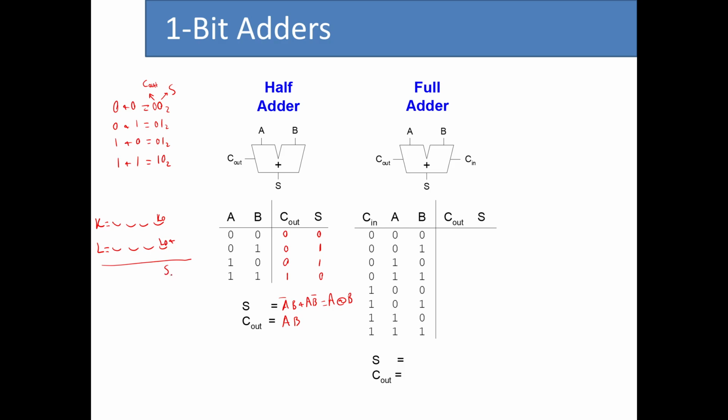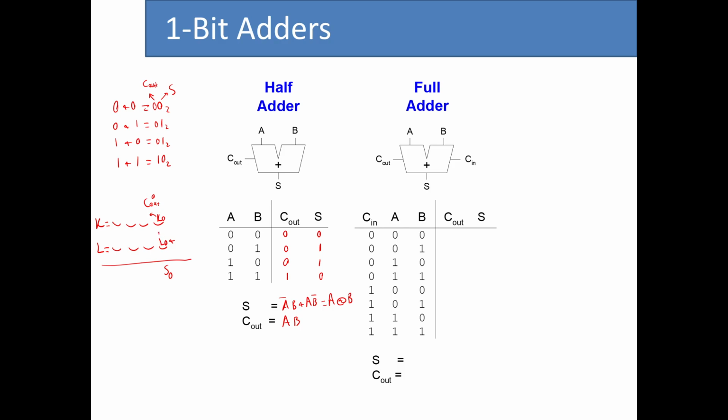We end up with a summation result, and we have a carry out. Let's put the 0 as a superscript. So as you can see, we are only finding the result of addition of 2 bits, right?